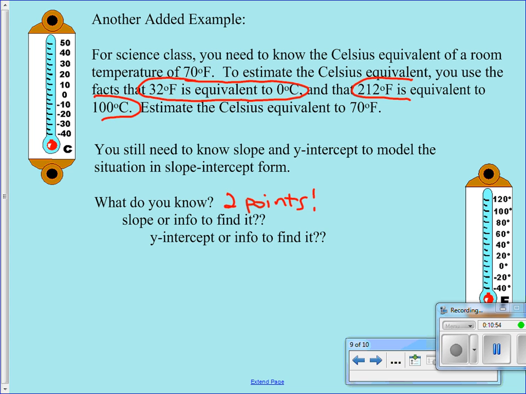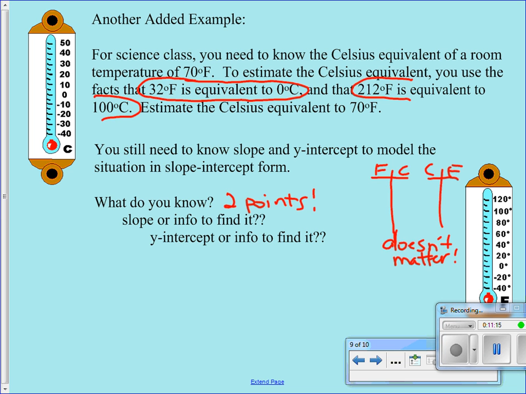But we need to know our input and our output. And look at these. If you were going to do an input-output table, like an X and a Y table, would you have the Fahrenheit as the input and then the Celsius as the output, or the other way around? It actually doesn't matter which. There's no specific input or output here.